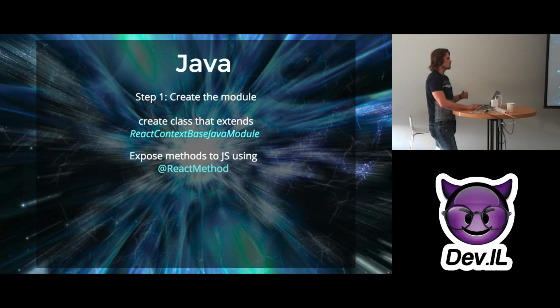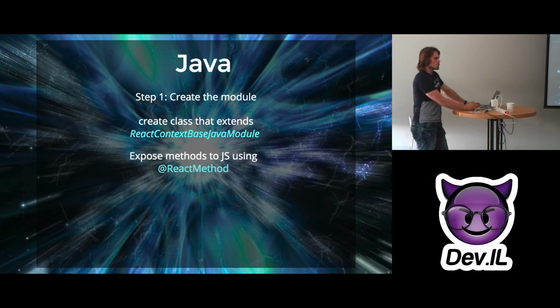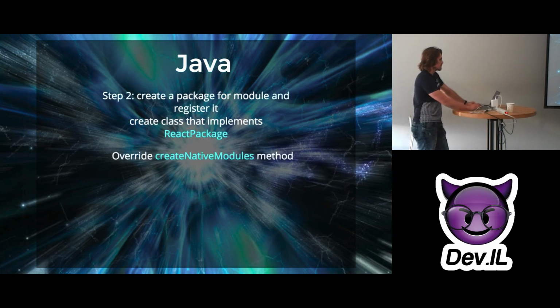Basically, you have two steps. The first one, you create a class that extends React context-based Java module. Then you need to expose your method to JavaScript using this annotation, React method. Everything that will be annotated with the React method will be exposed to JavaScript.